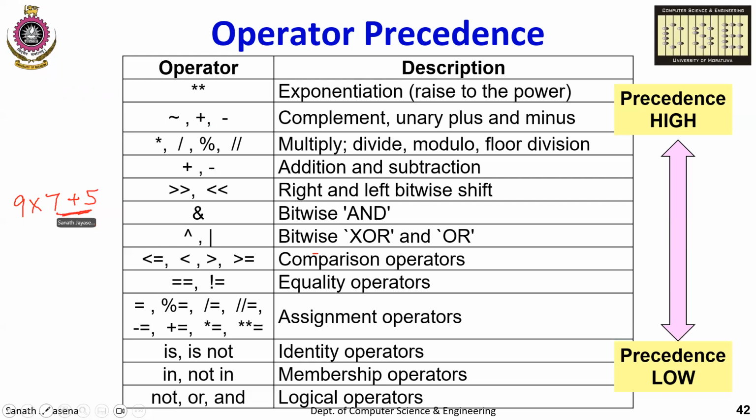We normally do 9 times 7 first, and then the result is added to 5. So if you want to change that, or if you want to make sure, you can always use parentheses.